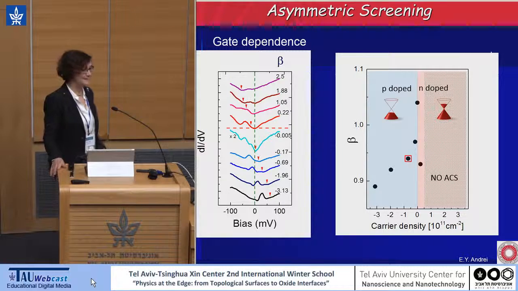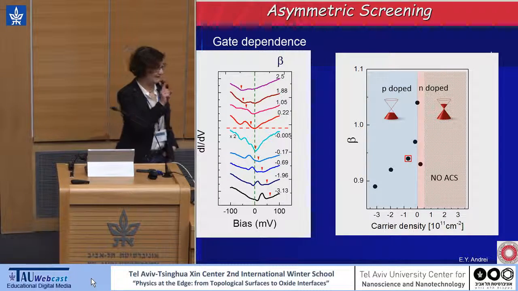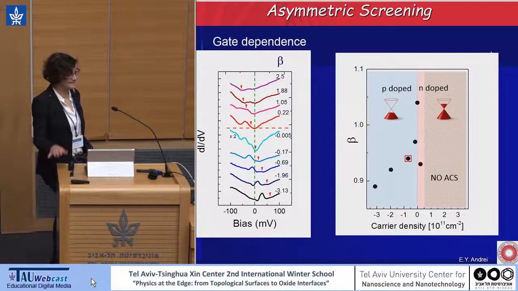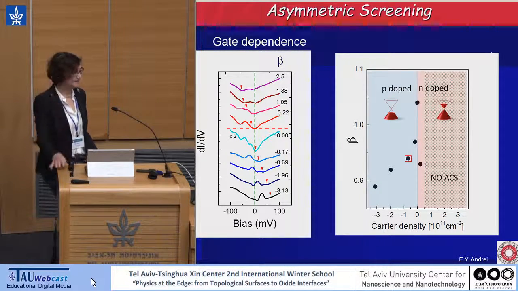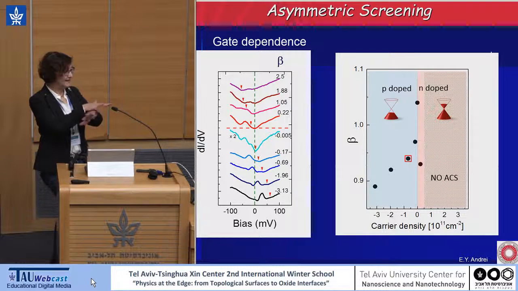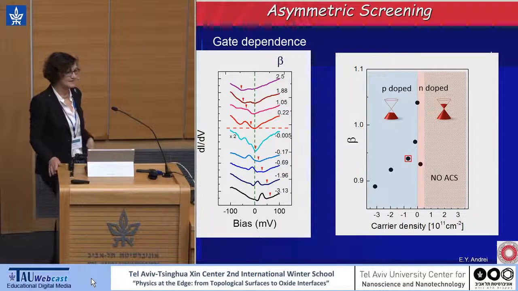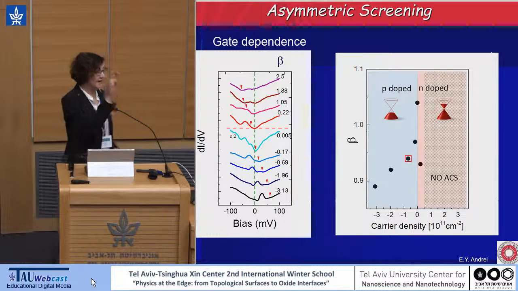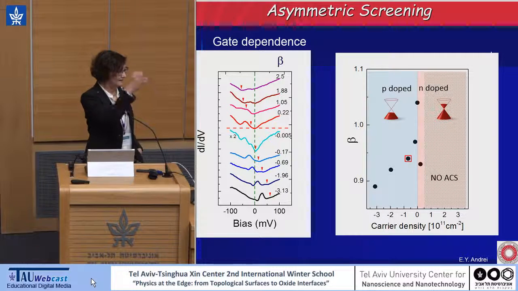There shouldn't be a magnetic moment, and I'm not talking about magnetic impurities, except when you break the sublattice symmetry. There's a famous Lieb theorem that tells you that if you break the sublattice symmetry, you're going to have a net magnetic moment, which is equal to the imbalance between the two sublattices. So if you have a zigzag edge, it's magnetic. If you have a single vacancy, it's magnetic.